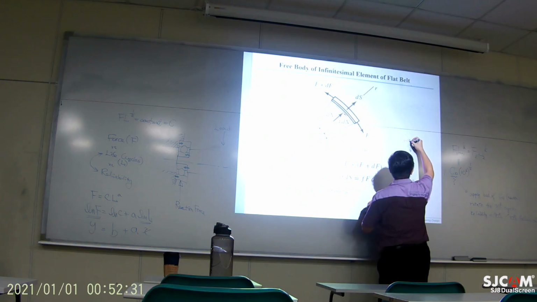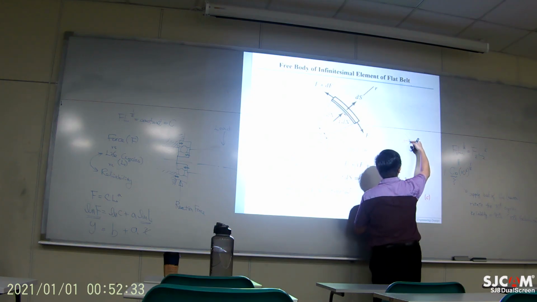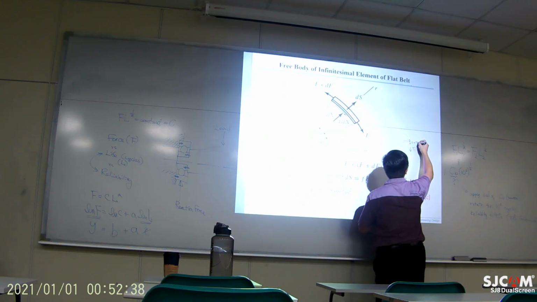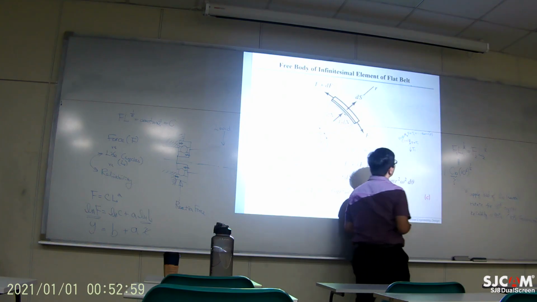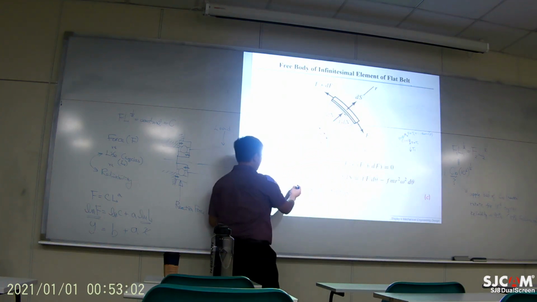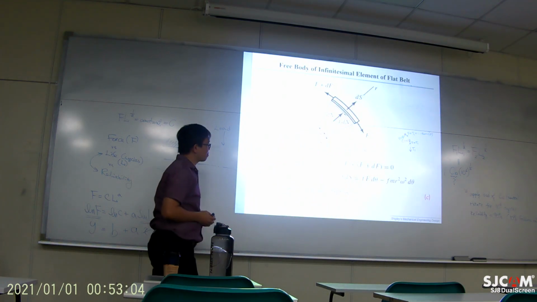So at the 0 angle position, F equals T1. But as you move on to specific points, maybe theta equals 30 degrees, then the force right here would be T1 plus something. And that increment is a function of theta. That's why F is a function of theta.